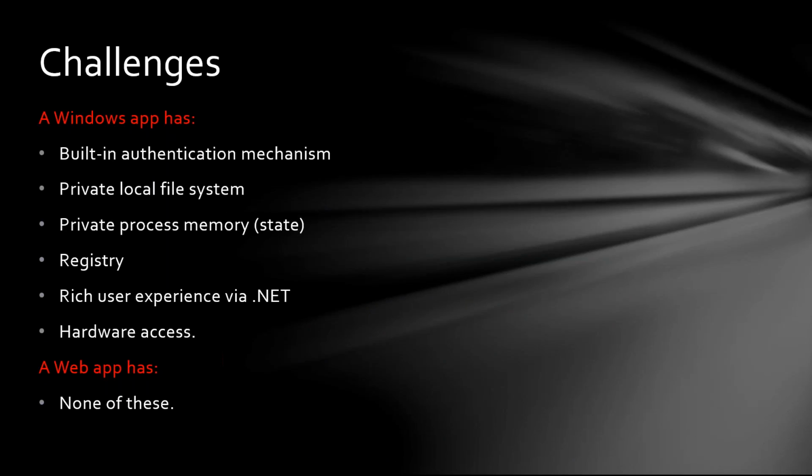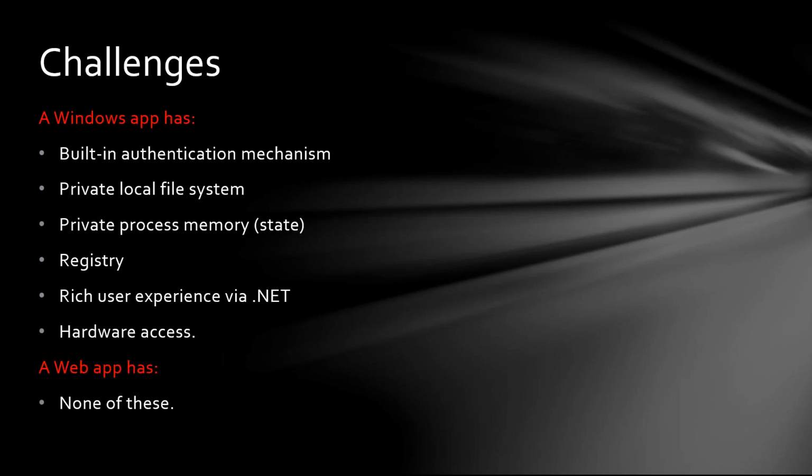So before we jump into demo, let's talk about the issues of client server versus the web. Your Windows application that you've written from Win32 or VB6 or Silverlight or whatever it is has a lot of things in common. And one of them is that Windows gives us a very clean authentication mechanism, whether it's the Windows login and user management itself or Active Directory for the enterprise.